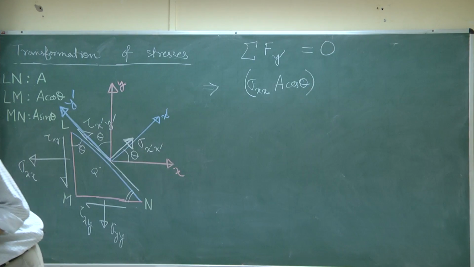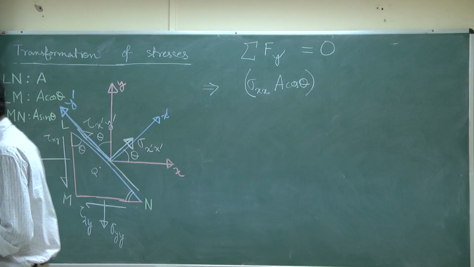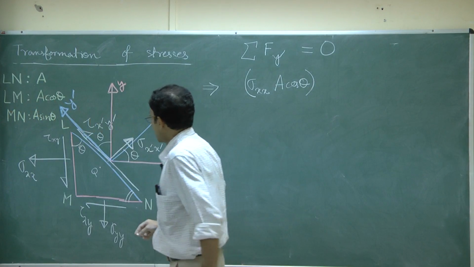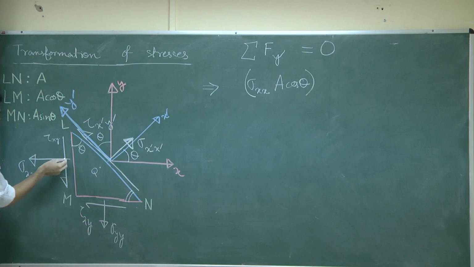So if that is so, I need to draw a dashed line in the spirit of my earlier exercise in this direction. Okay. So you note quickly that if this is theta, this angle will also be theta, and this will be 90 degree minus theta.